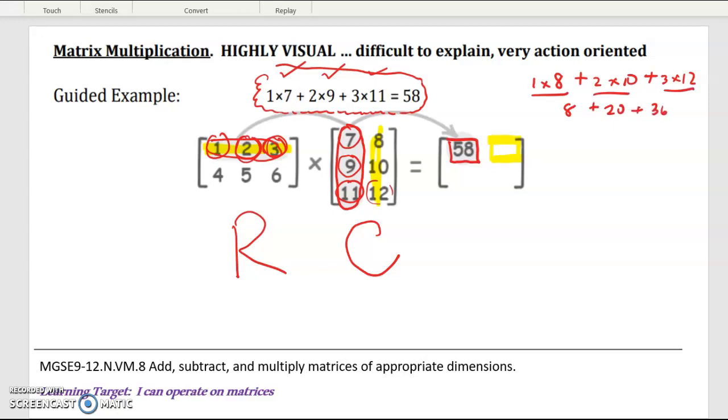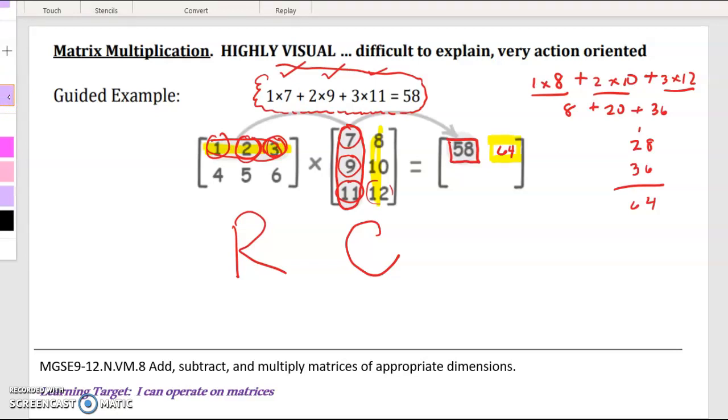Add those together. We get 28 plus 36. Oh, Lord, it's too early for this. 64. Boom. There it is. Okay. First row times second column goes in the first row, second column. That's your entry.